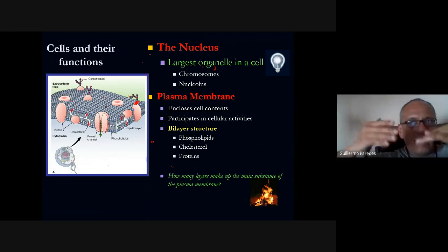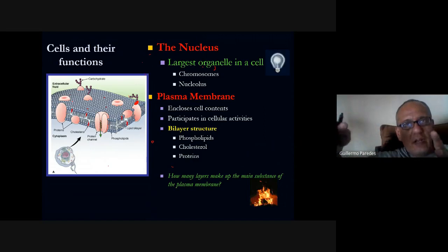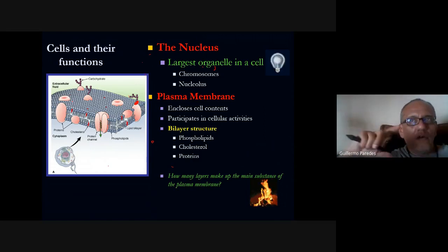It is very flexible, like silicone. The movement of silicone is similar to the movement of the cell membrane. For that, we need some structure that gives a little more stiffness to the cell membrane. Otherwise it would be totally gelatin and could be destroyed. The one providing this stable consistency of the cell membrane is the cholesterol.